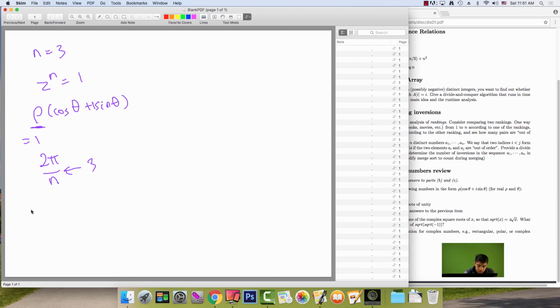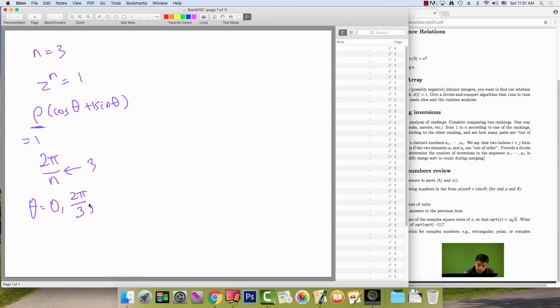So what that tells us is that the values of theta for the third roots of unity are theta equals 0, 2 pi over 3, and 4 pi over 3.